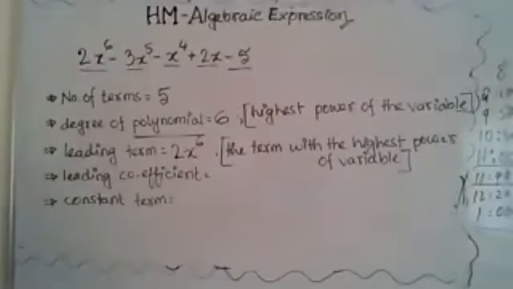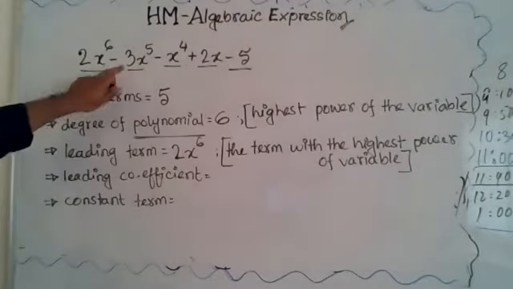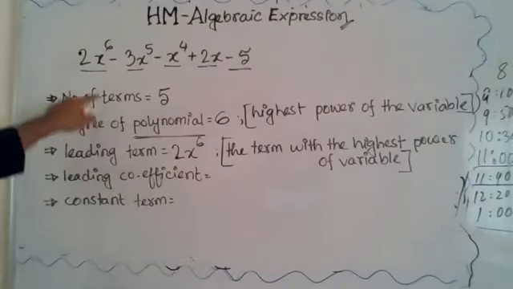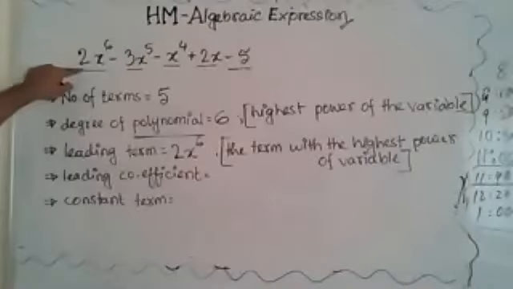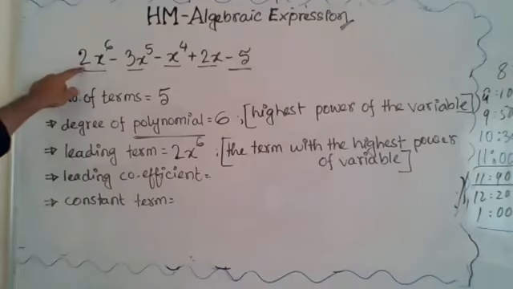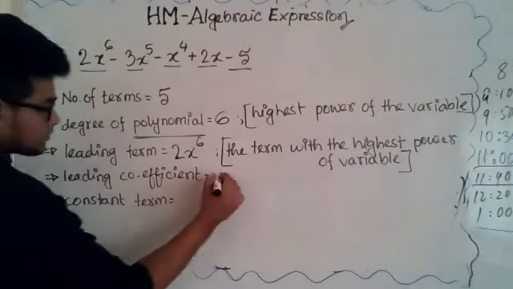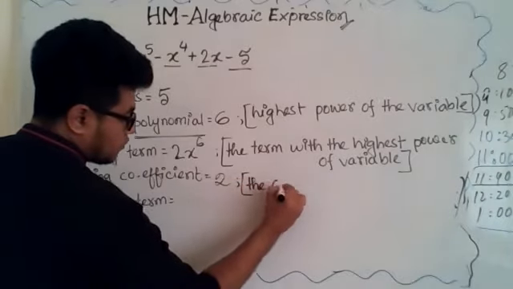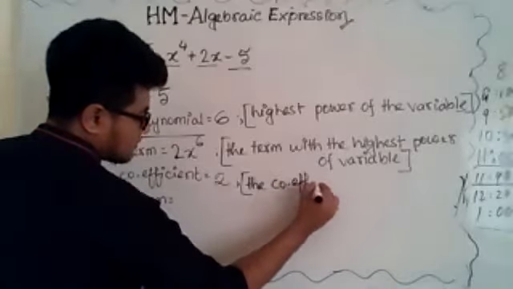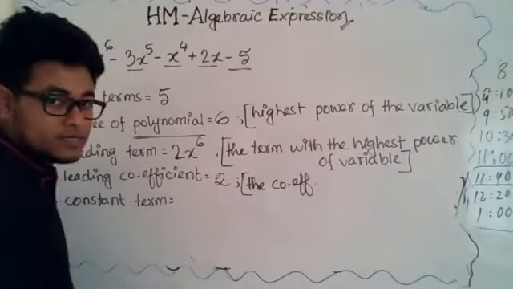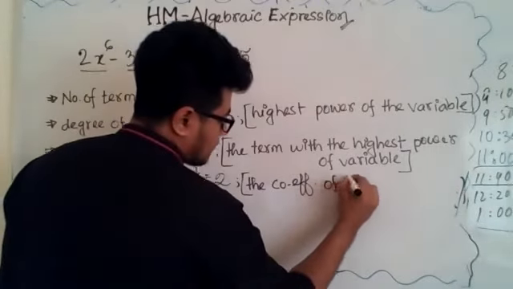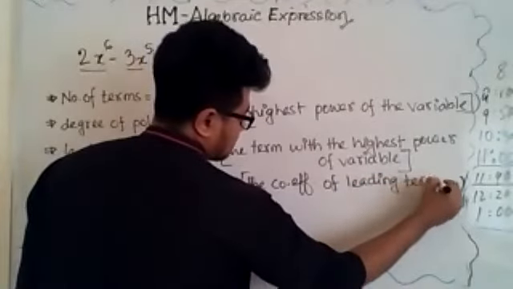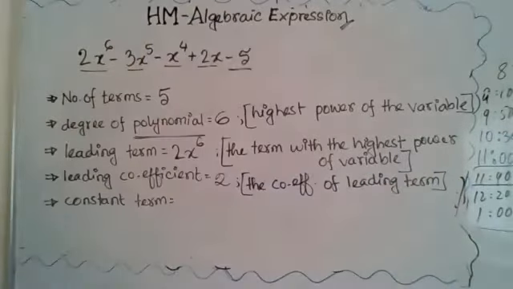So the coefficient of x to the power 5 will be -3. Now, leading coefficient comes from the leading term. Leading term is 2x to the power 6. So the coefficient of the leading term is the leading coefficient. So it will be 2. I am writing it short, you write in letters. The coefficient of the leading term will be known as the leading coefficient.